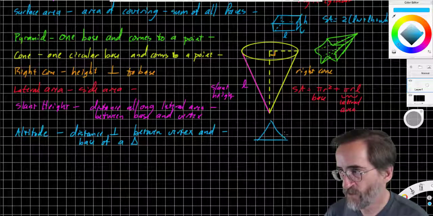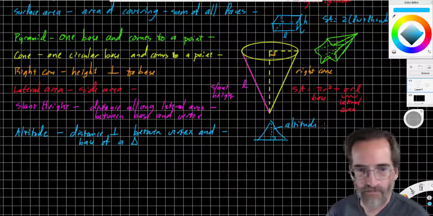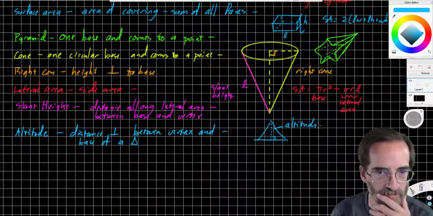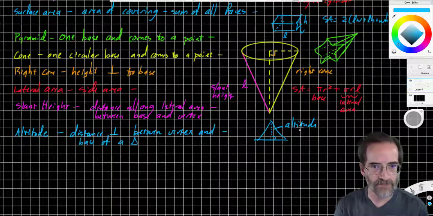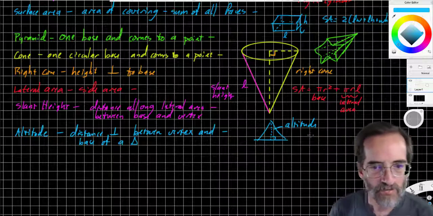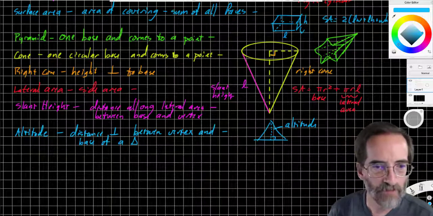So here's a triangle. There's the altitude. Okay, we've done height, lateral area, pyramid, regular pyramid, right cone, slant height, surface area we've done before, vertex we've done as well. All right, so that's lesson 3.